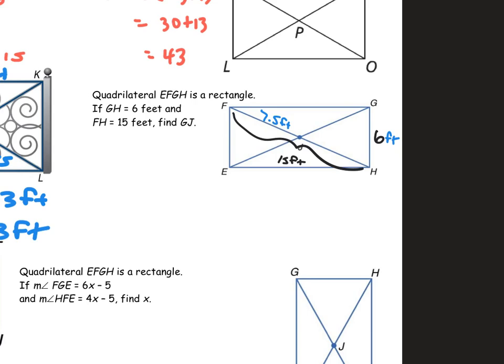So that means JH is also 7.5 feet. But because this is a rectangle and I know that the diagonals are congruent, that means that the diagonals will also bisect one another. So that means E to J is 7.5 feet. And that means that G to J is also 7.5 feet. So GJ equals 7.5 feet.